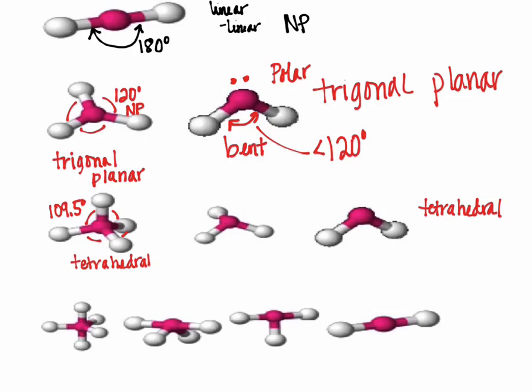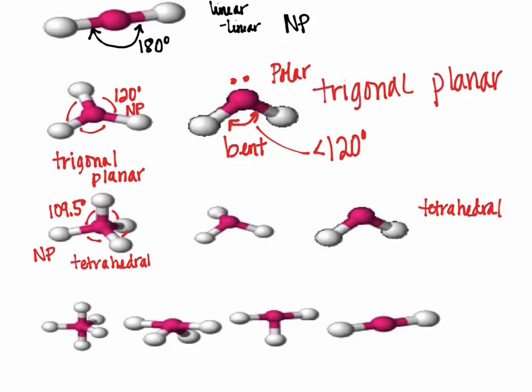And since these are all the same atom on it, we are saying it is non-polar. It is tetrahedral family, tetrahedral geometry, because we have the four on there.